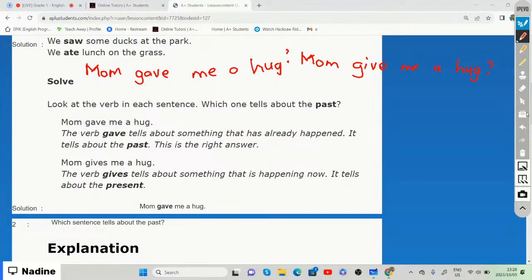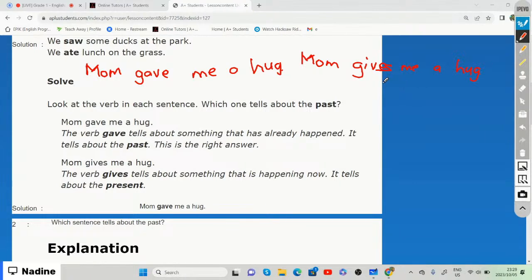Okay, it's not a question mark. It's only a full stop. So we need to choose one of these two sentences. We need to say which sentence tells us about the past. Is it "Mom gave me a hug" or "Mom gives me a hug"?